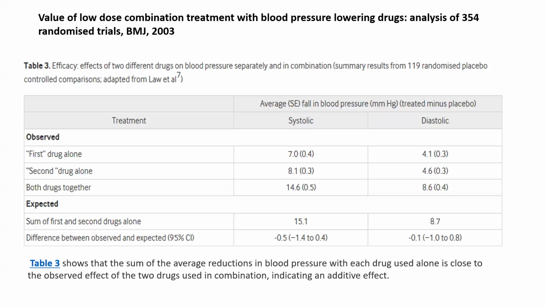So this is an analysis of 354 randomized trials. And as you can see, the average fall in systolic and diastolic blood pressure with two drug combinations is almost additive to separate two drug monotherapies.